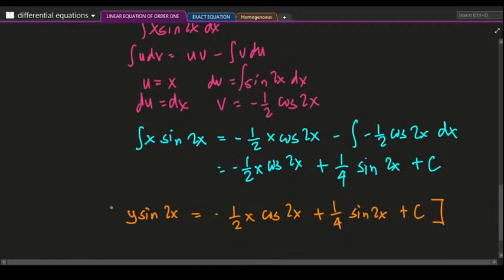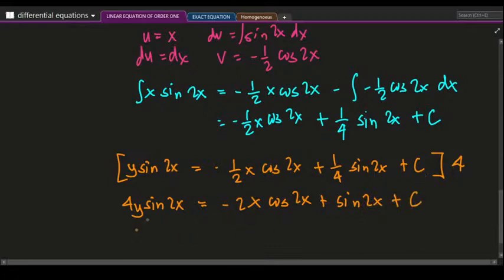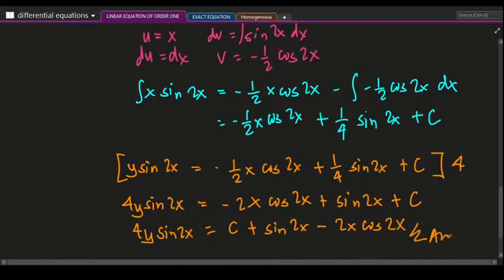Multiplying both sides by 4, we end up with 4y sine 2x equals negative 2x cosine 2x plus sine 2x plus c. So we just arrange this: 4y sine 2x is equal to c plus sine 2x minus 2x cosine 2x. So this is now our answer.